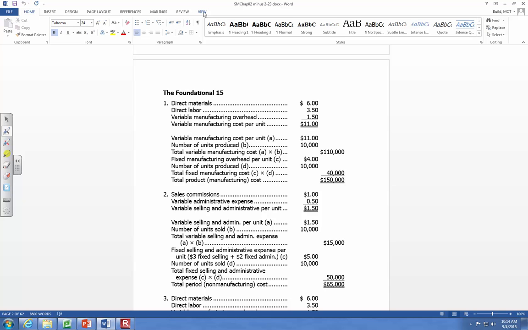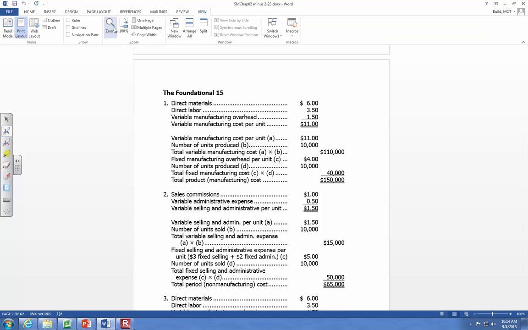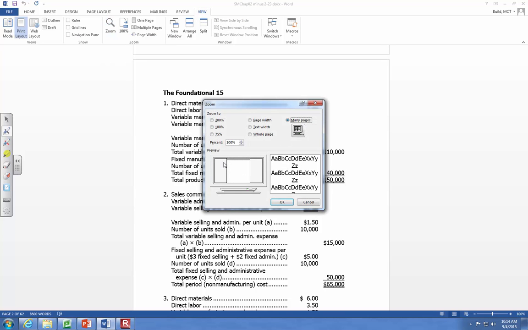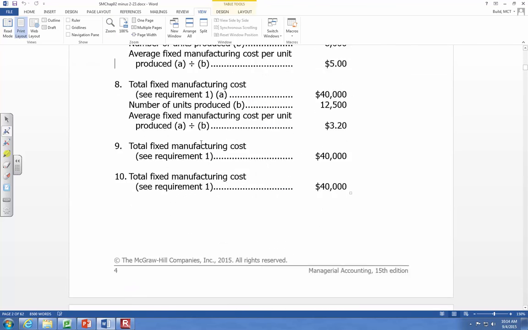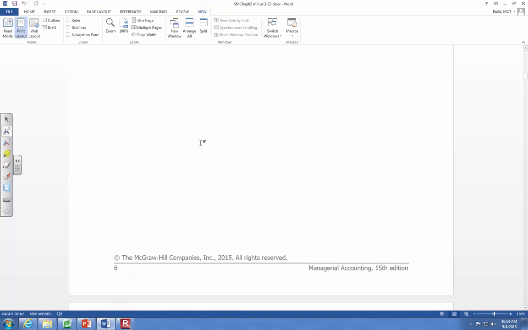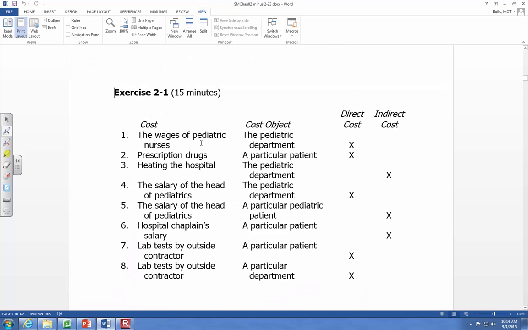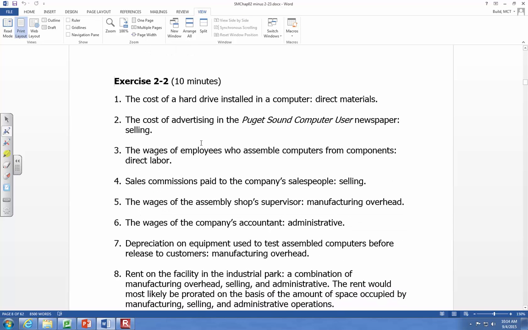Okay. Jacob, hi. The wages of employees who assemble computers from components. I said direct labor. Okay, why did you choose direct labor versus indirect? They assembled on the assembly line. Okay, so what would be the key words that you were looking at there that helped you ascertain that they were direct?